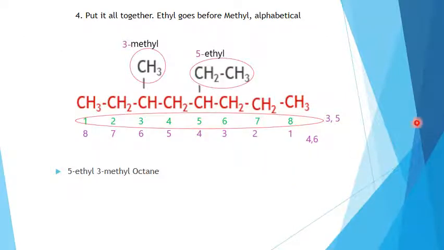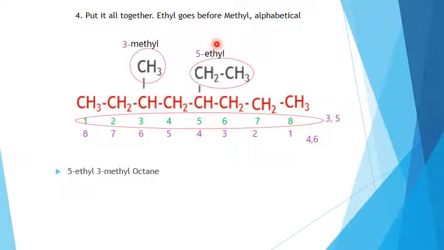So now what we do is we put the numbers associated with our side groups. You put the 3 with the methyl, because it comes off at number 3, and put the 5 with the ethyl because it comes off at 5. So far we have 3 methyl, 5 ethyl. Now you have all the parts: 3 methyl, 5 ethyl, and octane.